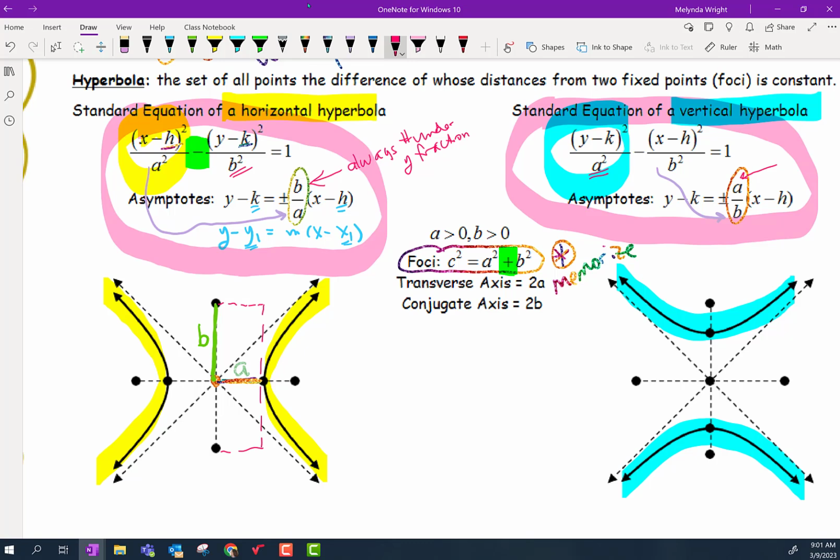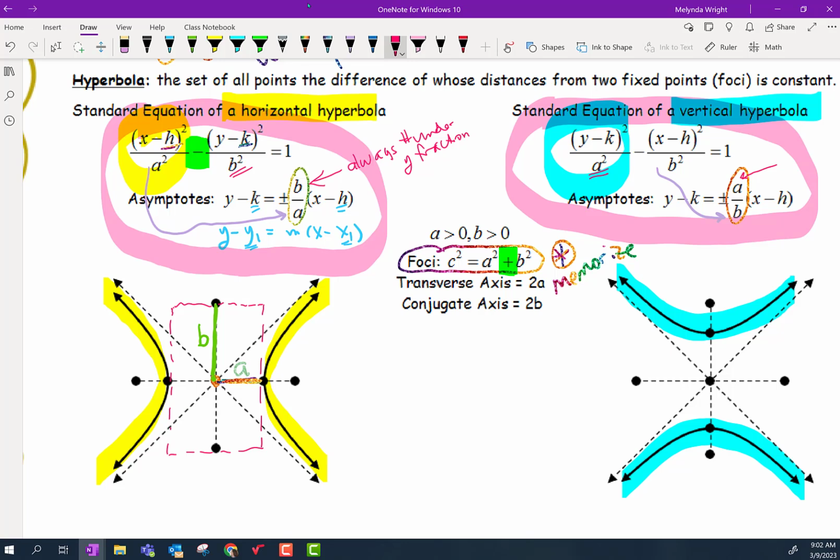So I draw a box, and I would recommend you do the same. When we graph in a moment, we're going to draw this box that connects together the points that are A distance and B distance from the center. That little box is quite helpful to us in graphing.